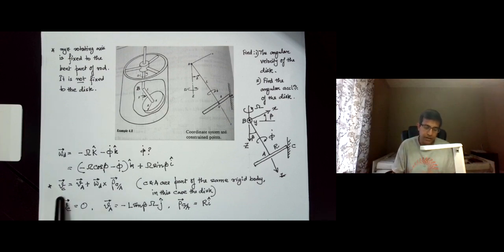And if we do that, then the relation between the velocities of C and A is given by this equation. Because C and A are being considered as part of the same rigid body, for this problem we don't need to add the relative velocity in the rotating frame.